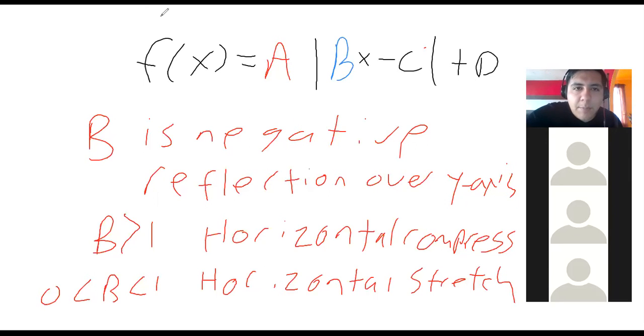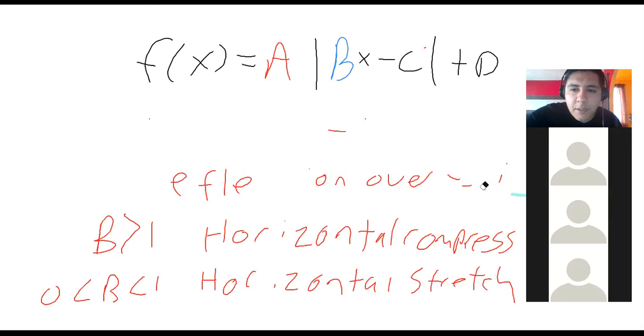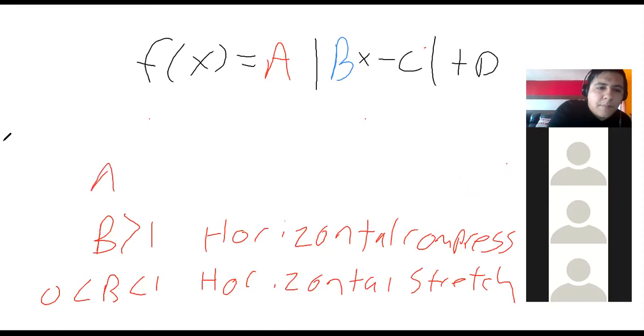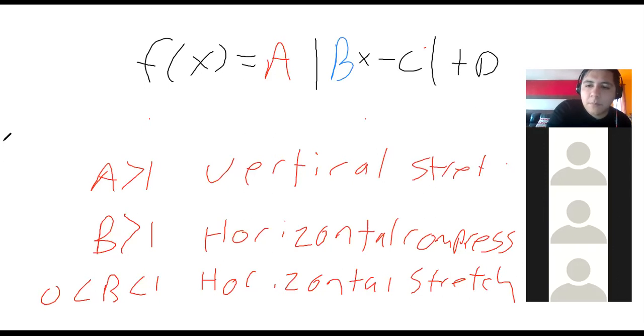Like you mentioned, if A is greater than 1, then you would have a vertical stretch, okay? So it's not necessarily the same thing, right? I think I get it now.